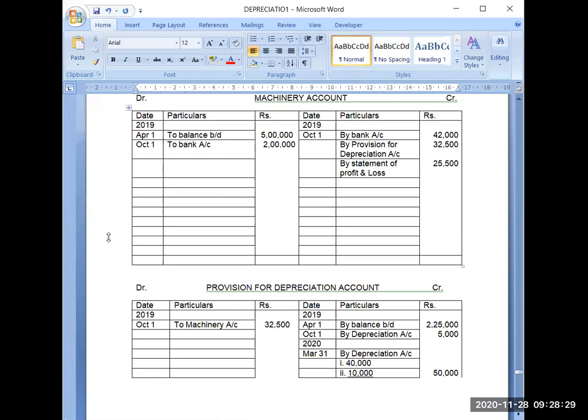Now we will calculate the closing balances. So in 2020, March 31st, by balance carried down. So obviously the balance will be now 6 lakh.